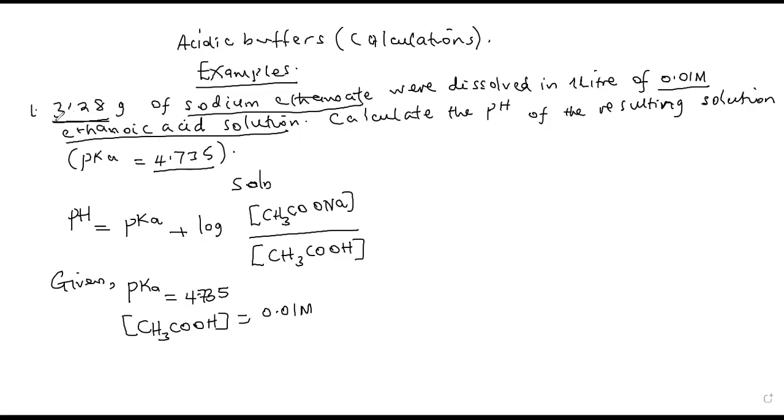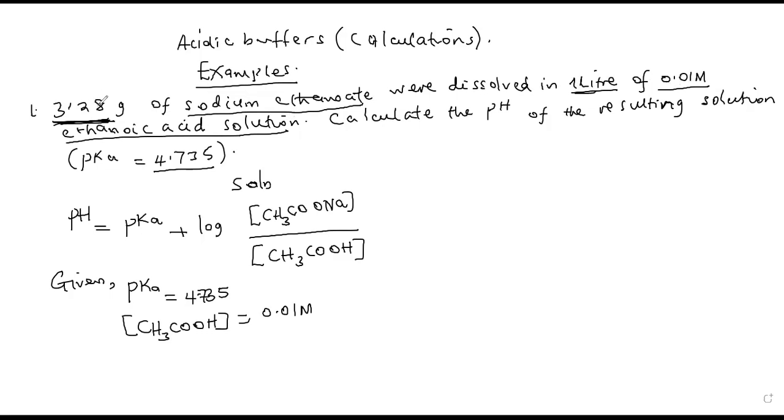If you read the question well, 3.28 grams of sodium ethanoate were dissolved in 1 liter of 0.01 molar solution, and made up to 1,000 mL. So these are grams per liter.